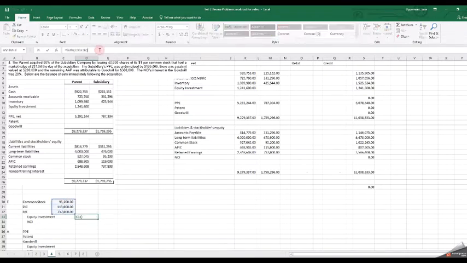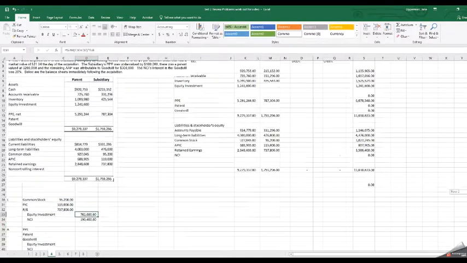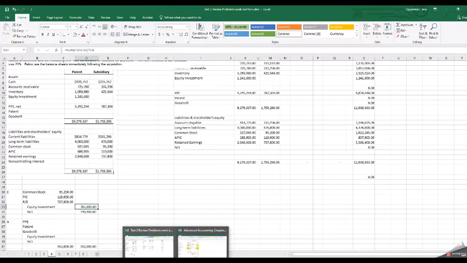But now the parent is only owning 80%, so I want to multiply that amount by 80%. And then the NCI gets the remainder, so I'll take that total again and multiply that by 20%. So they're splitting it. We eliminate all the equity, but again, split between the NCI and the parent.